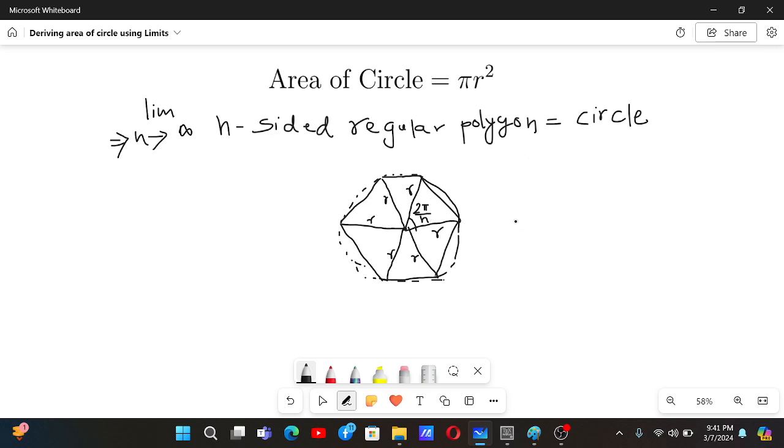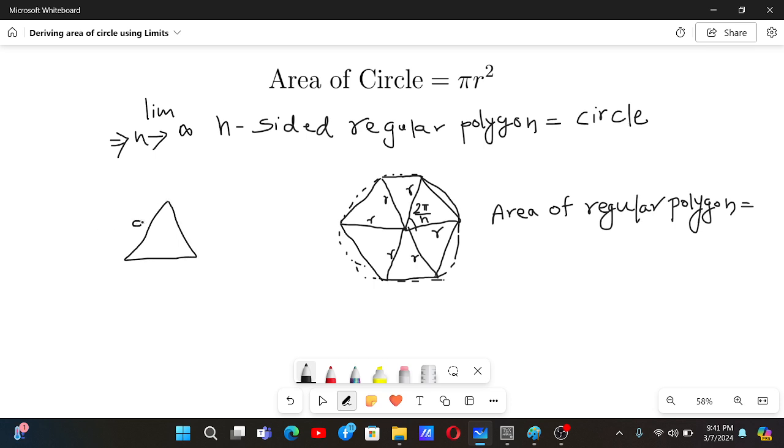That's why we can say that the area of the regular polygon will basically be, firstly, for finding the area of the triangle, we have side A, we have side B, and we have angle theta. That's why the area will be 1 by 2 AB sine theta.